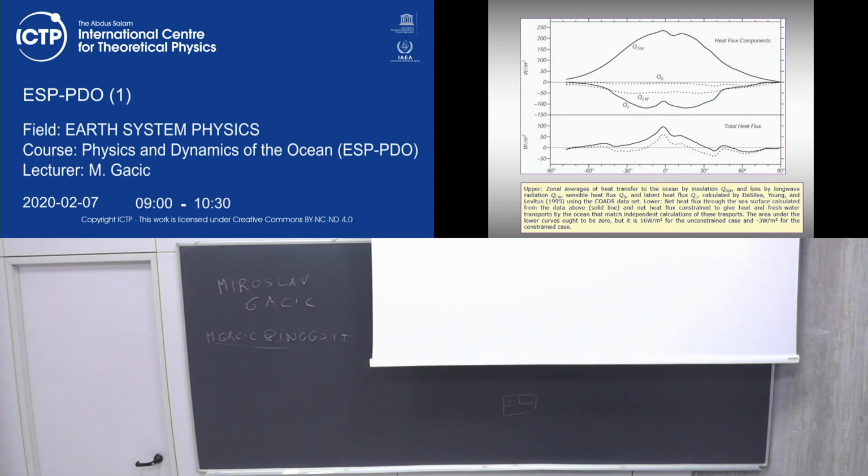So you can see that the heat flux components very nicely reflect their function of latitude, and obviously, you know how we obtain these curves.